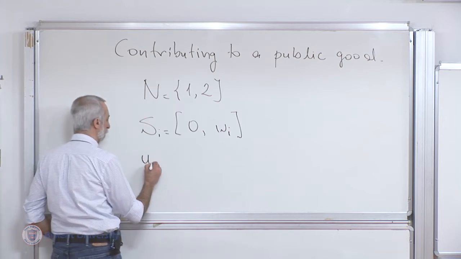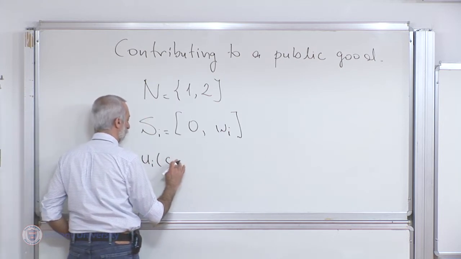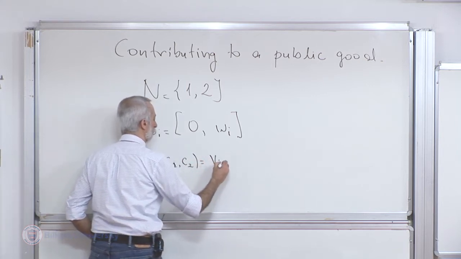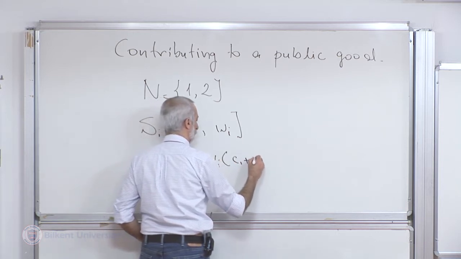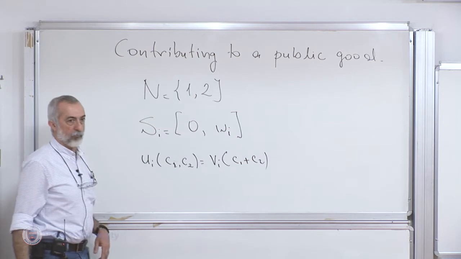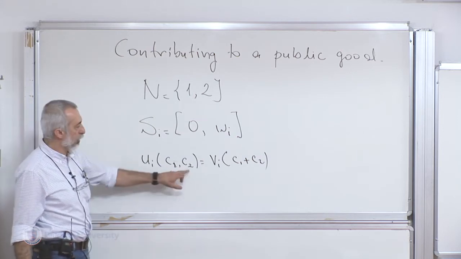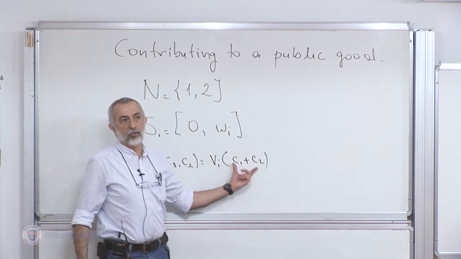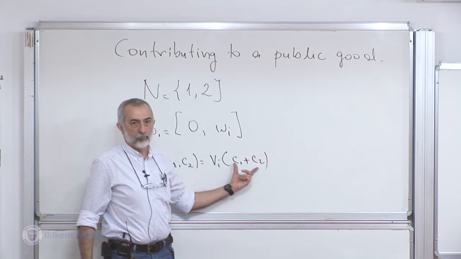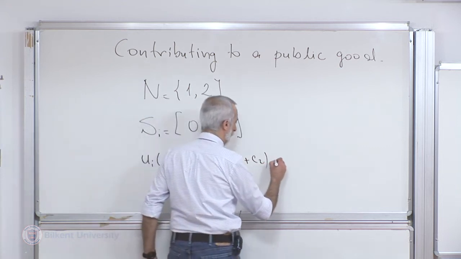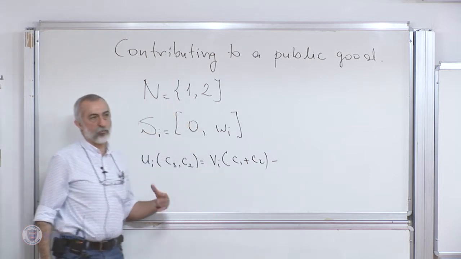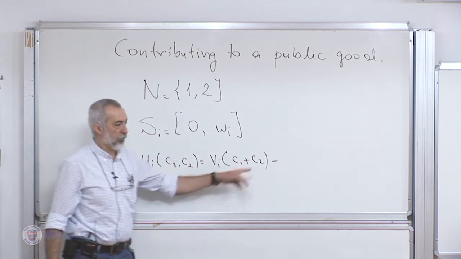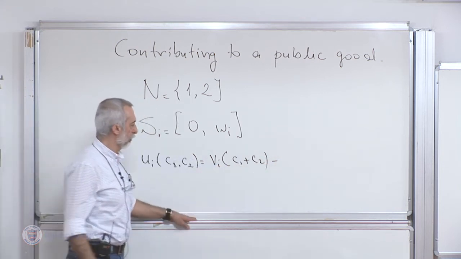We assumed that agents' preferences have the following numerical representation. When agent 1 contributed C1 units and agent 2 contributed C2 units, the total contribution for the production of public good was C1 plus C2. And we assume that agents have quasi-linear preferences in money spent on private good.